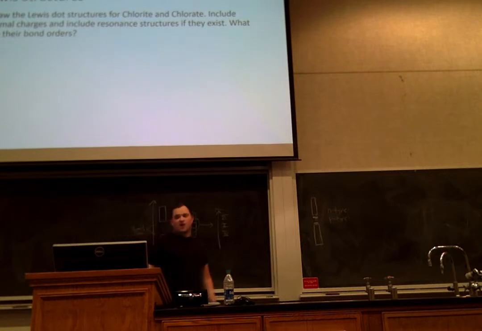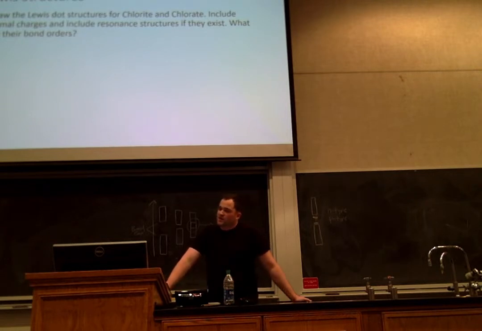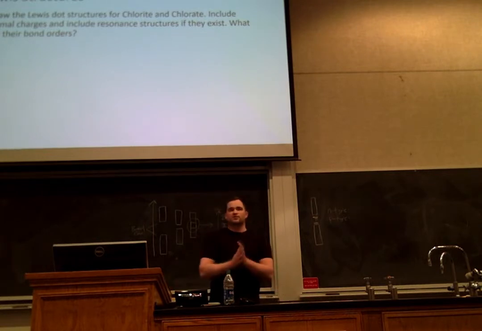So draw the Lewis structures and any equivalent resonance structures, if they exist, for chlorite and chlorate. You should have these memorized, right? Include formal charges, and then determine the bond orders.